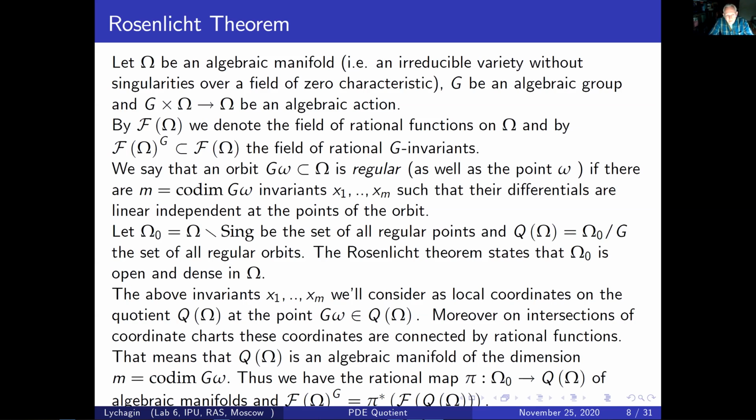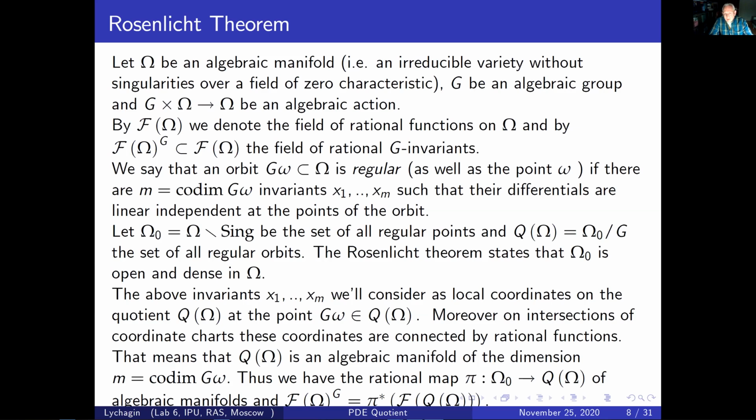So when people say that some orbit is regular, there is no common opinion about what regular means and what non-regular means. Sometimes it should mean maximum dimension. Sometimes it should be closed.